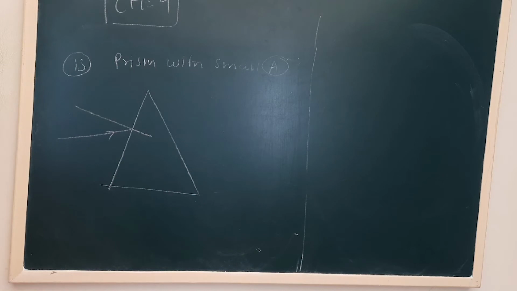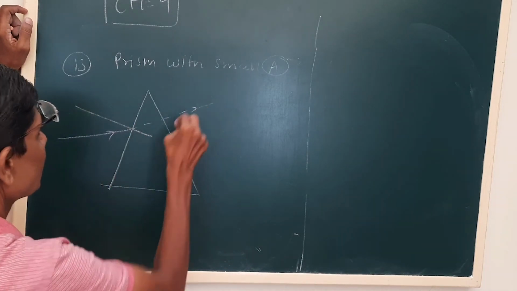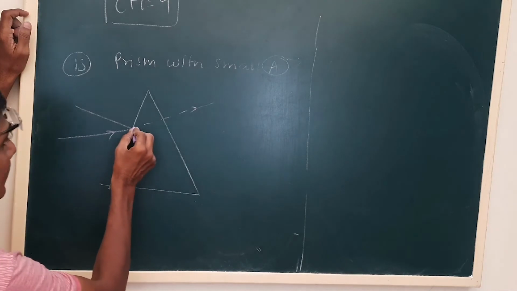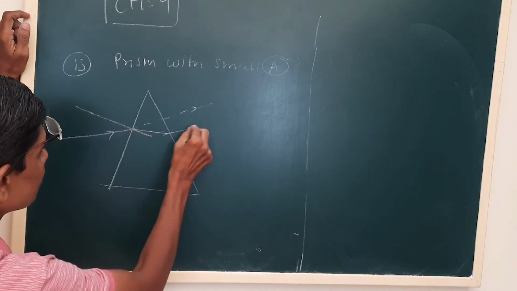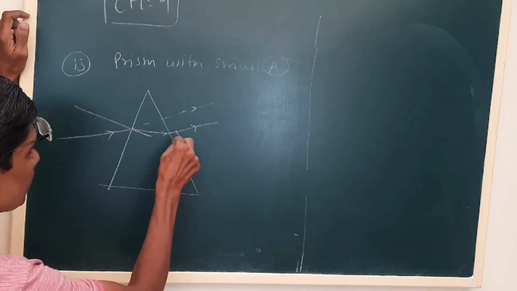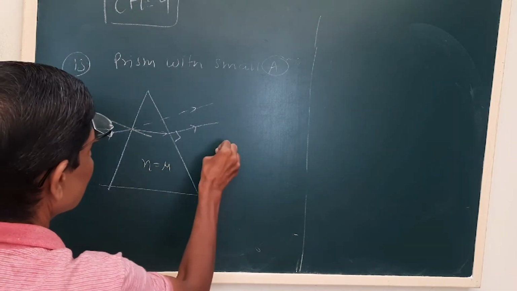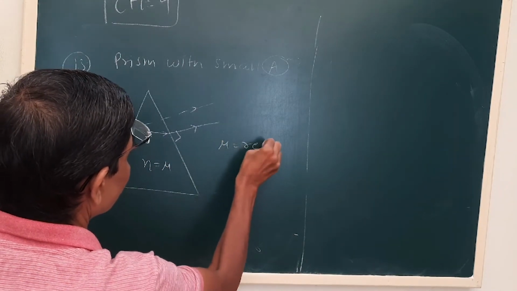This is the original direction. The question says the ray comes out normal to the other surface. What do you have to calculate? The angle of incidence. Let us say mu is the refractive index.